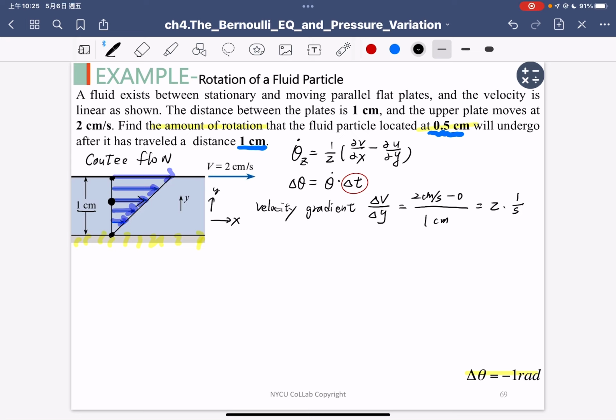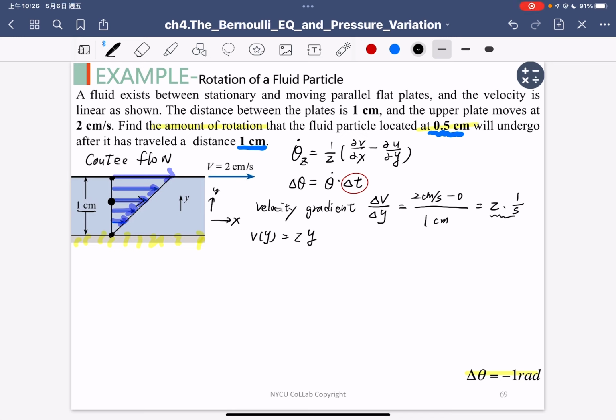Okay, so we know that the velocity will change when y increases. And we have the velocity gradient of 2. So that indicates the velocity is equal to 2 times y, right? 2 is our gradient, and y is our variable.